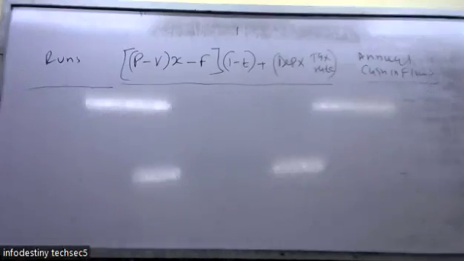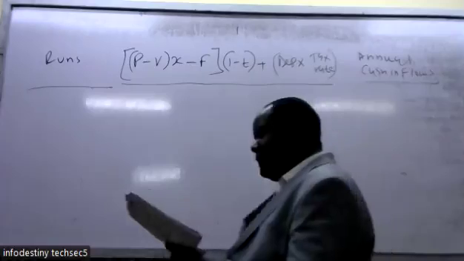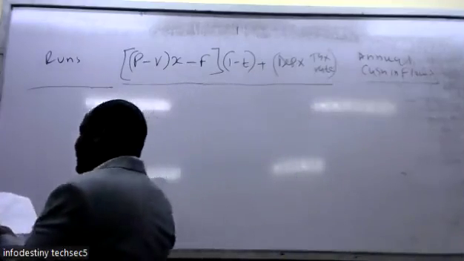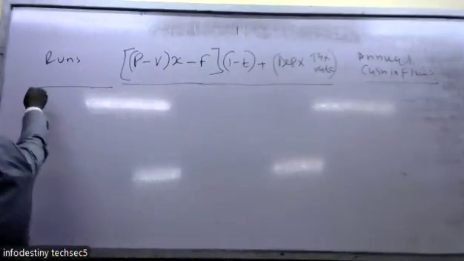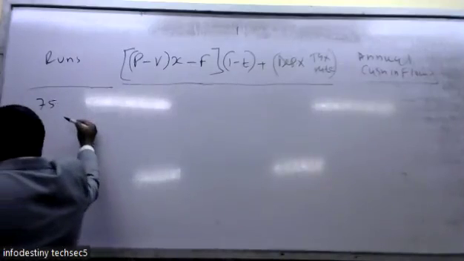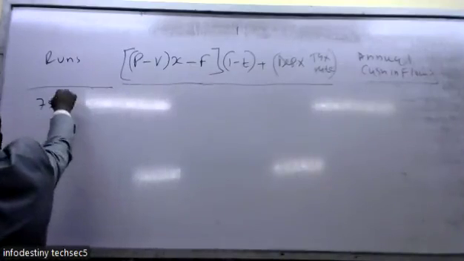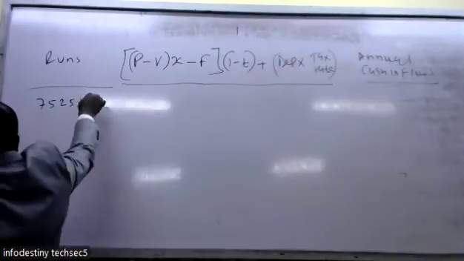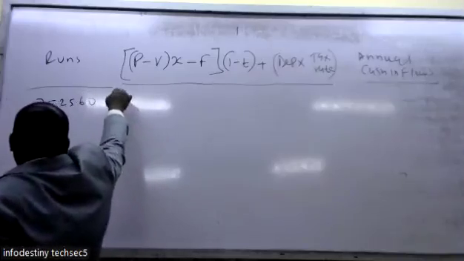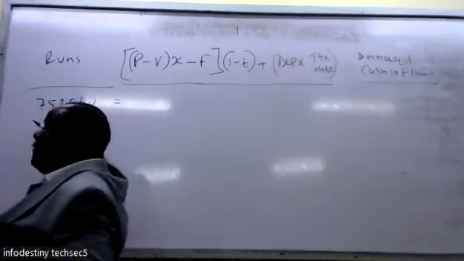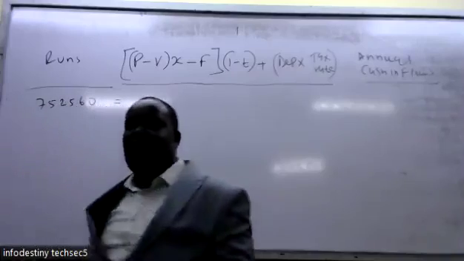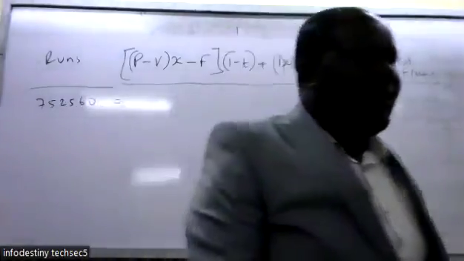So the first run, you can see the first random numbers: 75, 25, 60. So we start with 75. Check 75.